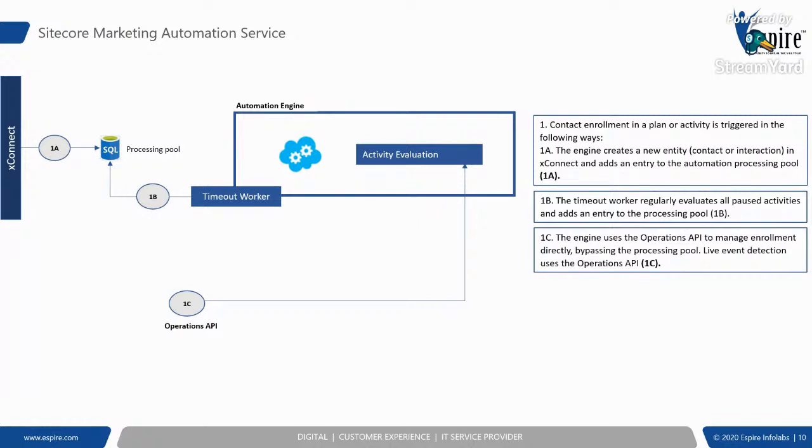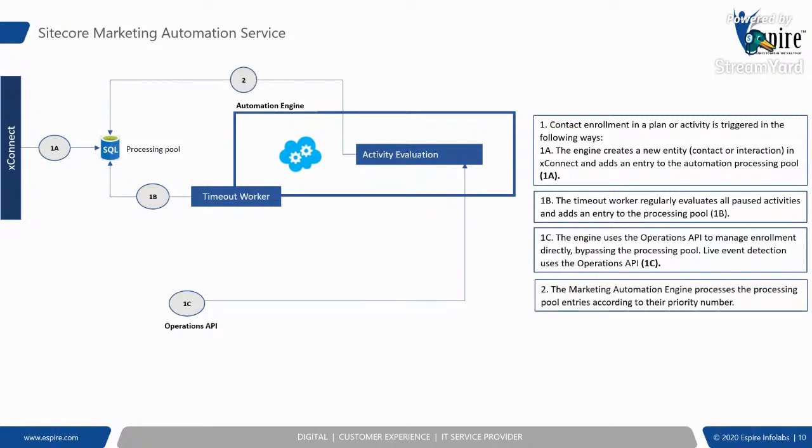Now the third way, that is 1C, is through the operation API. We have a couple of APIs to enroll our contacts into the marketing automation engine. One is the marketing operation API, the other one is the XConnect client API. As you can see on the screen, this 1C operation API is not enrolling the data into the processing pool, but is directly enrolling the data into our marketing automation engine.